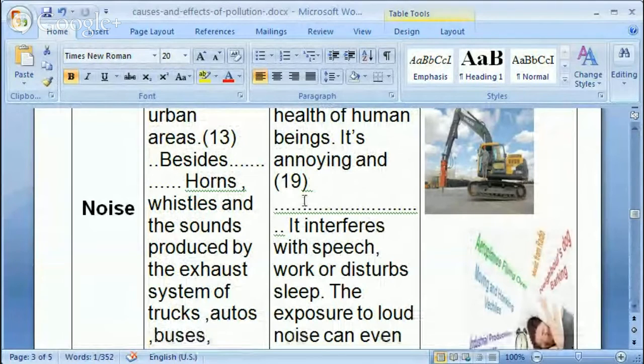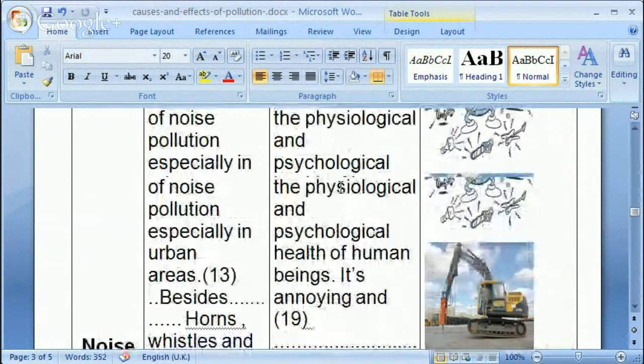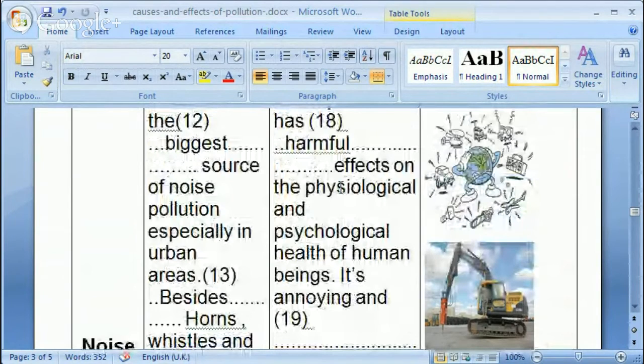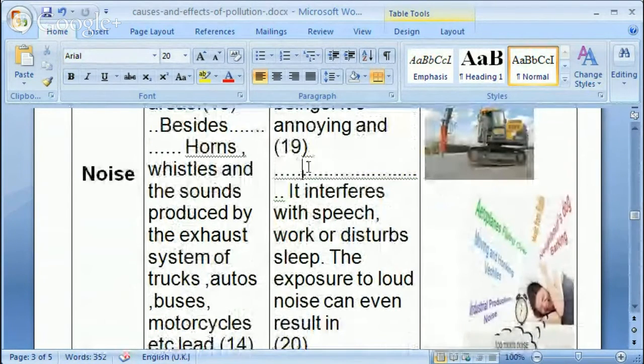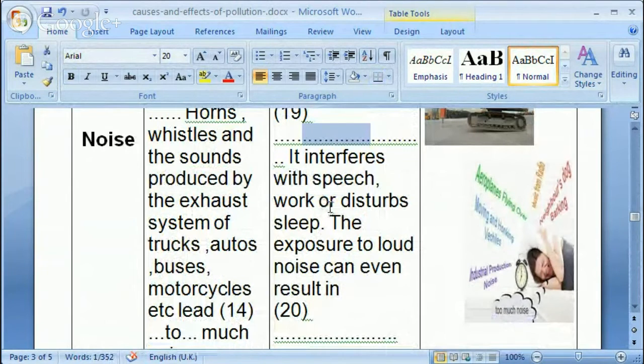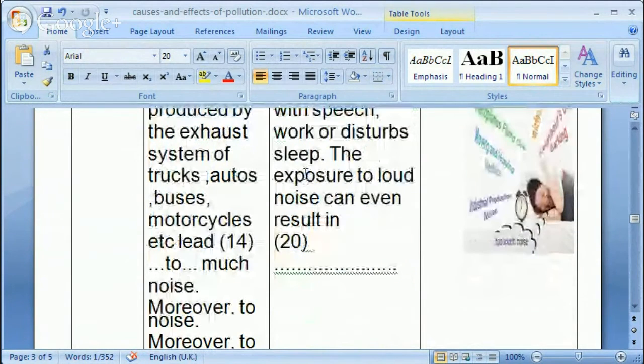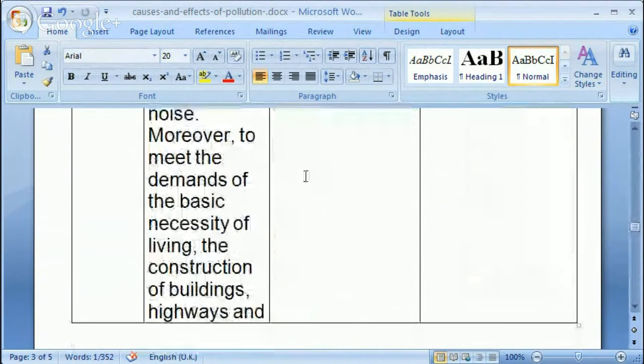It's annoying and creating. Let's see here. I don't know the answer here. This doesn't make sense. It's annoying. It could be an adjective. It's annoying and harmful. It's annoying and stressful. Maybe it's stressful.